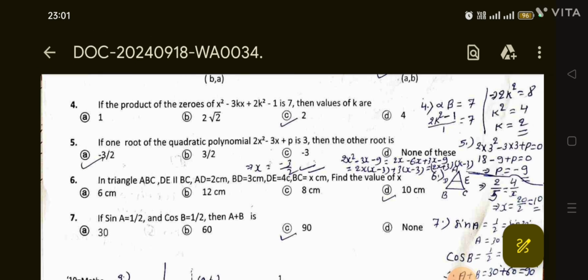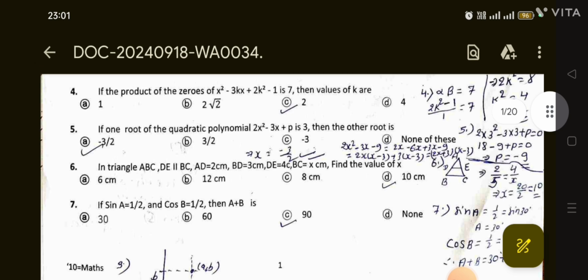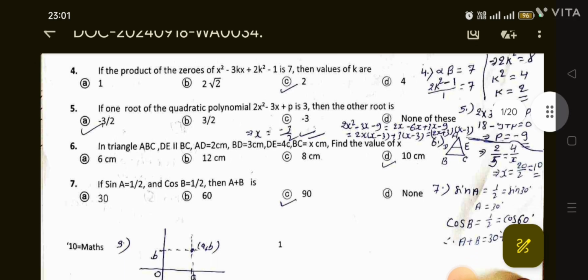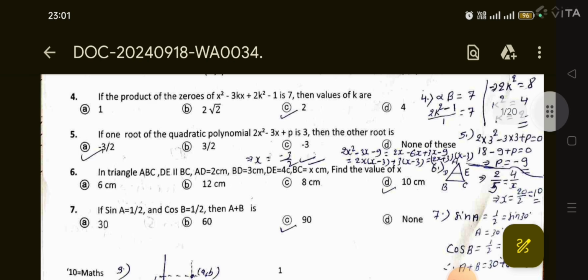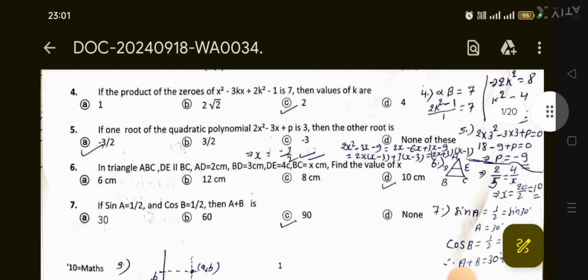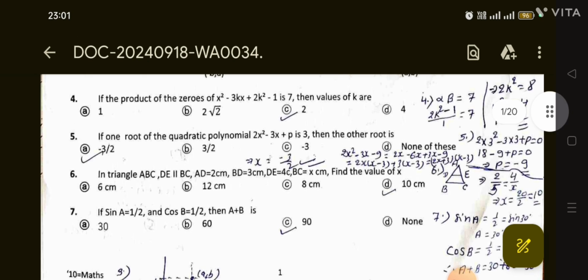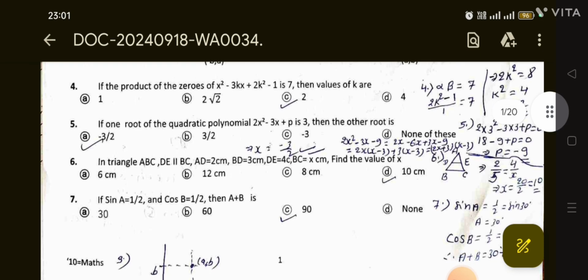Then if we put the value x equal to 3, we will see that p equal to minus 9. If we put the value of p as minus 9 and after that factorize it, we will get the value of x equal to 3 and the other root is minus 3 by 2. So the right option is A, minus 3 by 2.